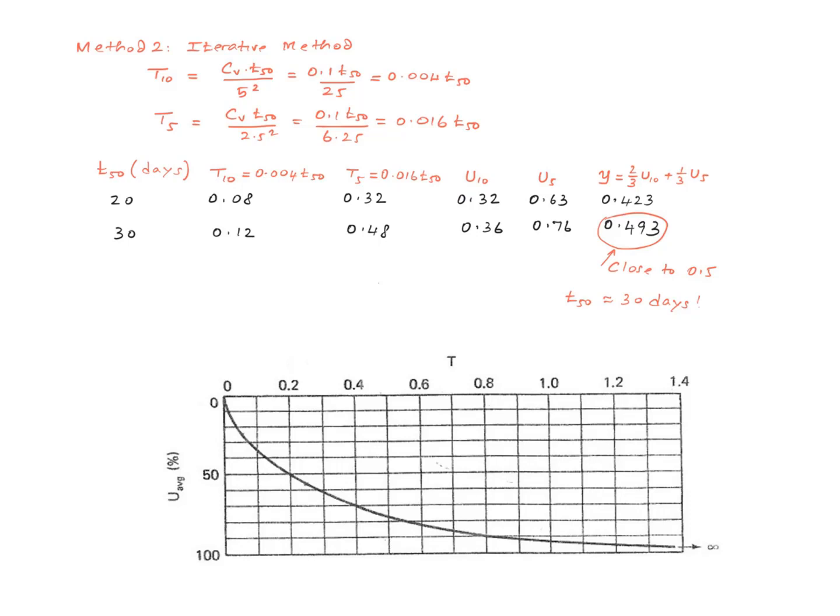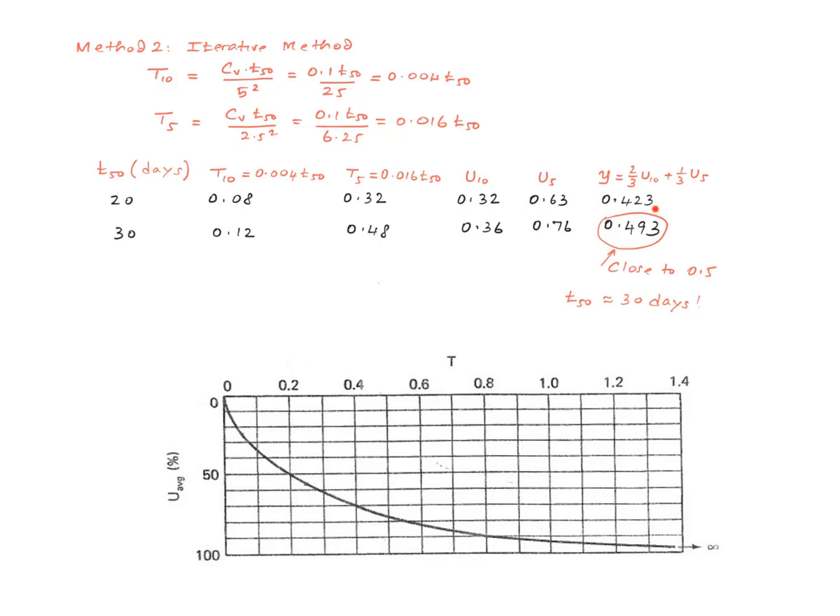All right, I simplified capital T10 and capital T5 in terms of little t50, and we get these equations. So here I have a table, all right? Basically, I'm going to pick a value of little t50 and calculate my big T10 and big T5, and from that, I'm going to utilize this chart here, which is supposed to be accurate, and calculate my big U10 and big U5.